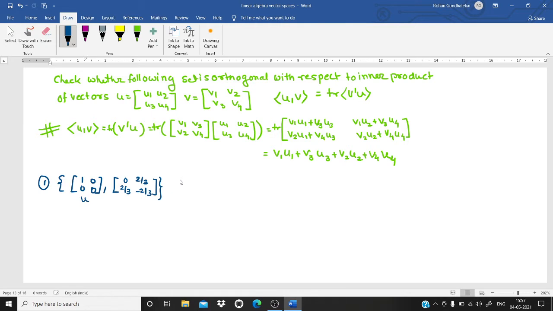So if this is U and this is V, the inner product of U and V is U1 V1 plus U2 V2 plus U3 V3 plus U4 V4. So 1 into 0, plus 0 into 2 by 3, plus 0 into 2 by 3, and finally 0 into minus 2 by 3. So what is the inner product here? 0. So hence the given set is orthogonal. Is this clear? Okay.